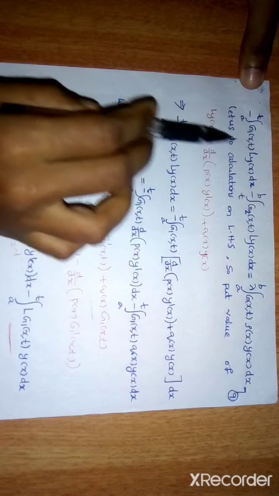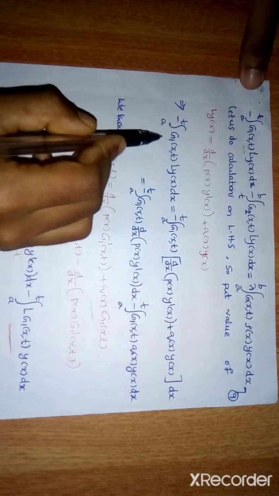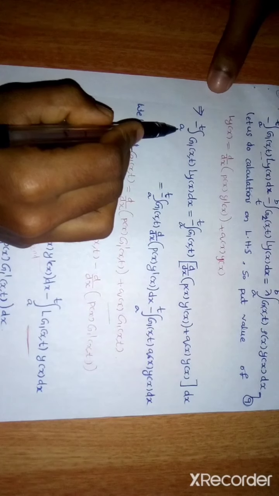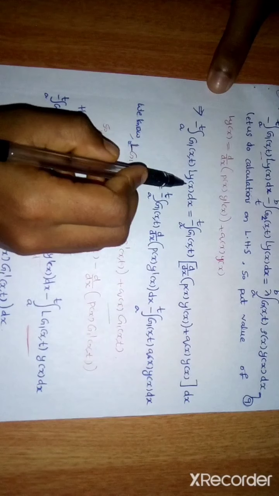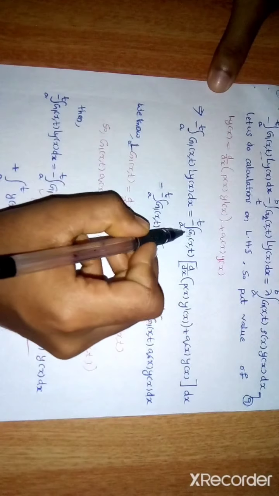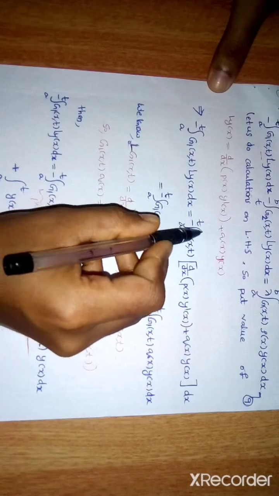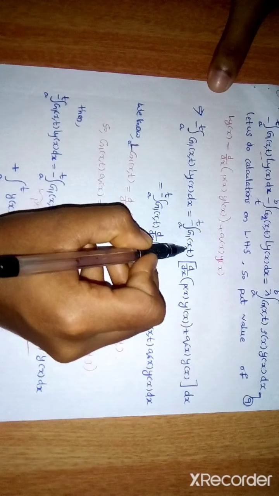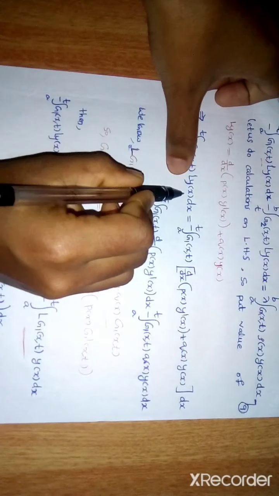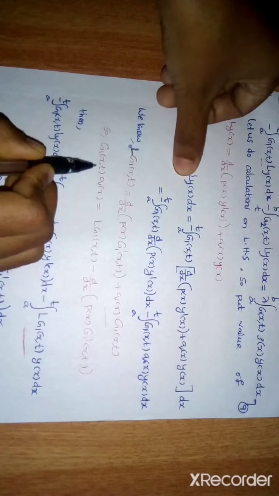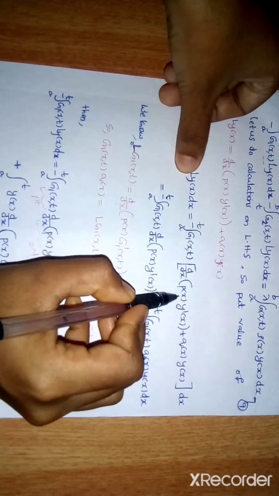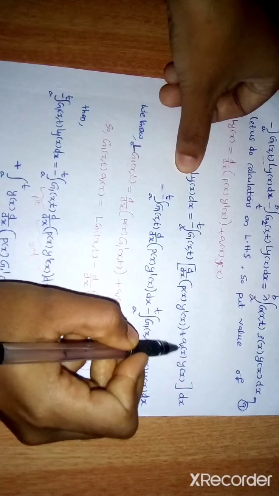So take the first term: minus integral a to t g1 of xt Ly of x dx equal to minus integral a to t g1 of xt, and in place of Ly of x we are putting d by dx of p of x y dash of x plus q of x y of x.